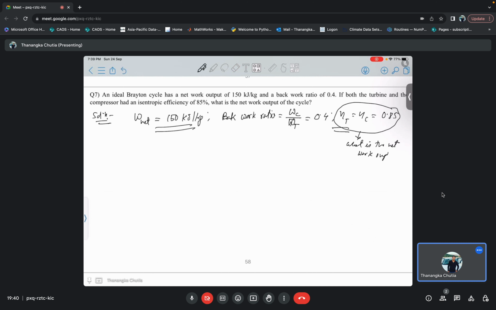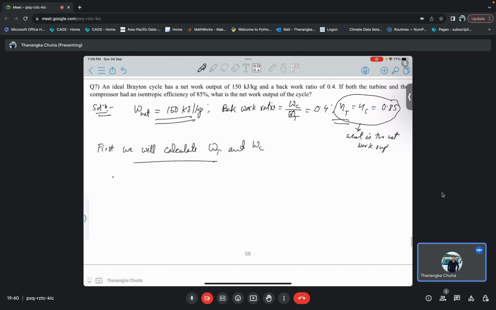So from here, first we will calculate WT and WC. W net is equal to WT minus WC, and that is equal to 150. That is given.